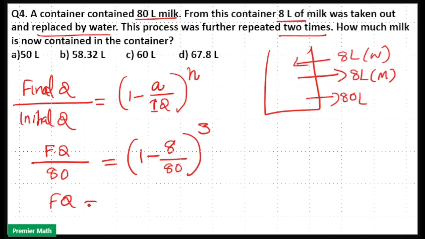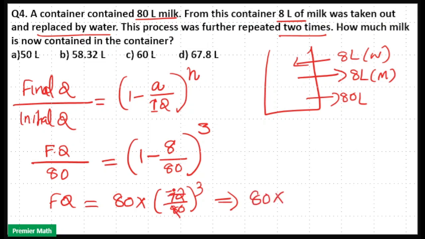Here, final quantity will become 80 into 1 minus 8 by 80, is equal to 80 into 72 by 80 whole cube. That will become 80 into 9 cube by 10 cube. That is 729 divided by 1000.